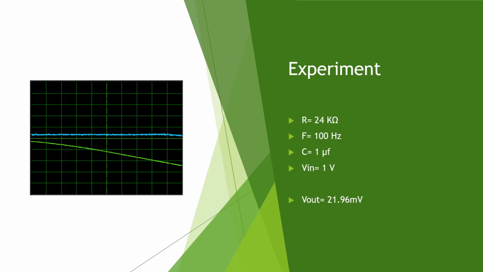And then the blue line, which is the output voltage, is similar to the full line from the graph previously seen. But in reality, the output voltage was 21.96 millivolts, which is considerably lower than the ideal voltage.